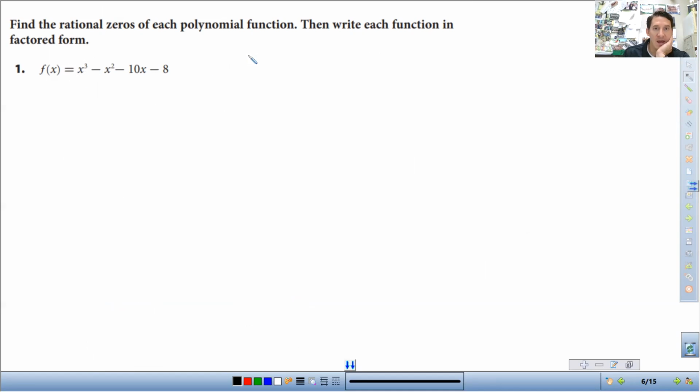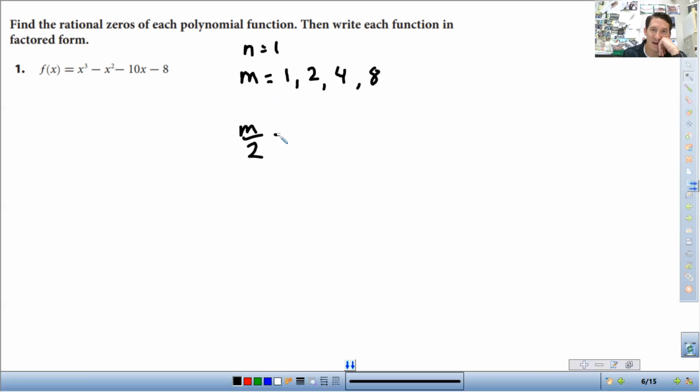The factors of the leading coefficient n are 1, and the factors of the constant term are those of 8. So what divides 8? Well, 1, 2, 4, and 8. And you put all of these over the factors of the leading coefficient.